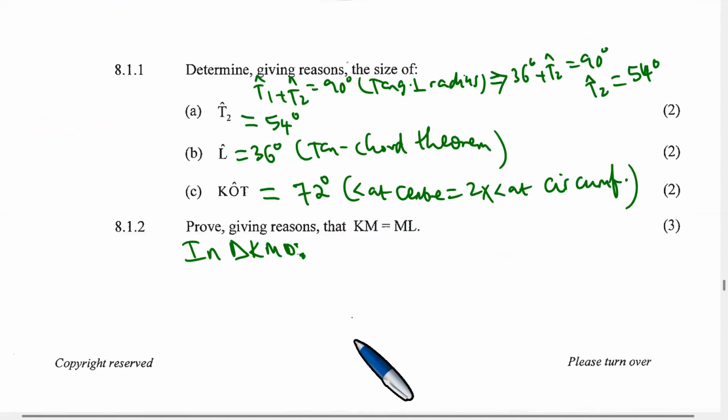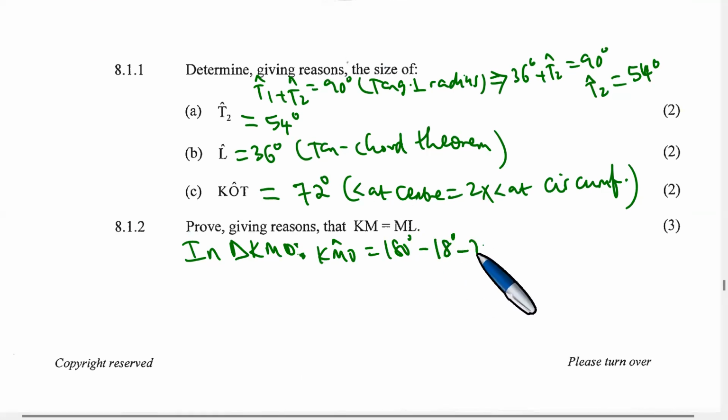So in other words, angle KMO is 180 minus 18 degrees minus 72 degrees, which is 90 degrees.